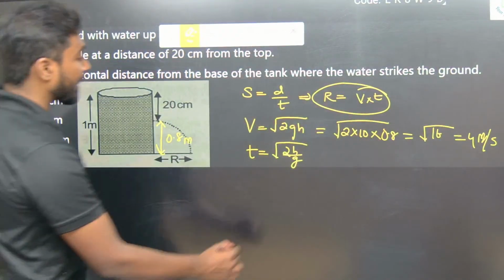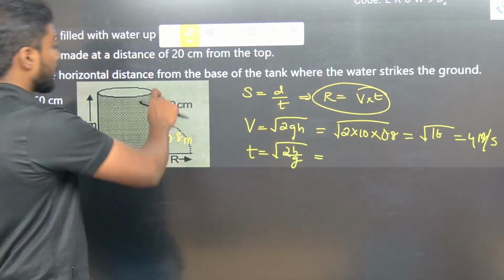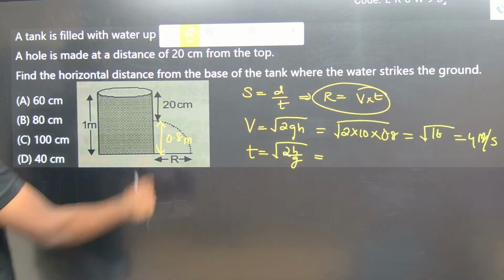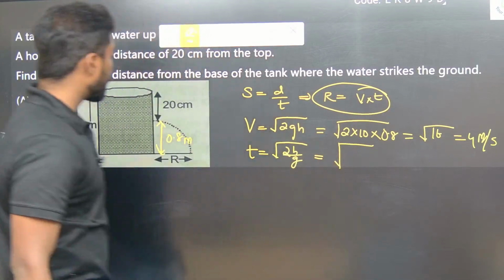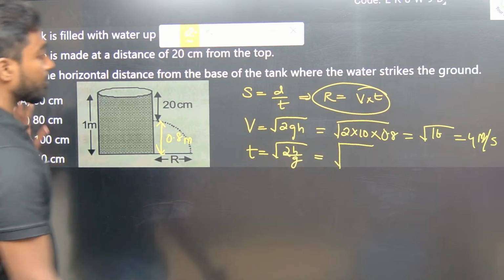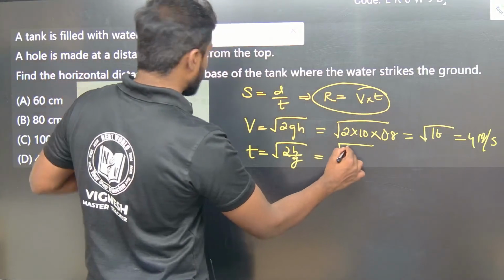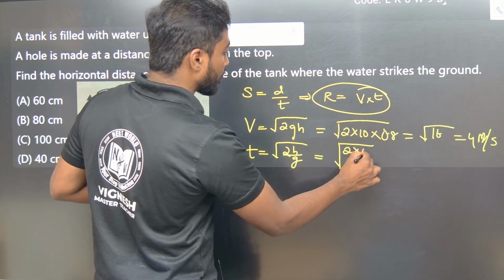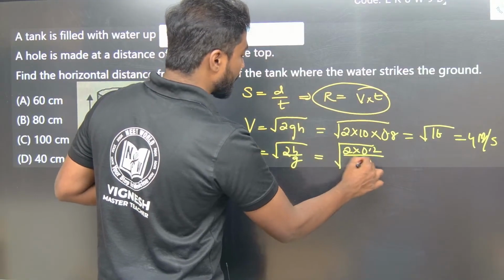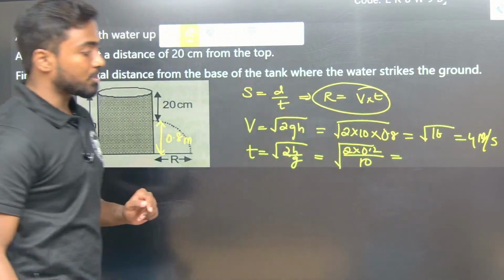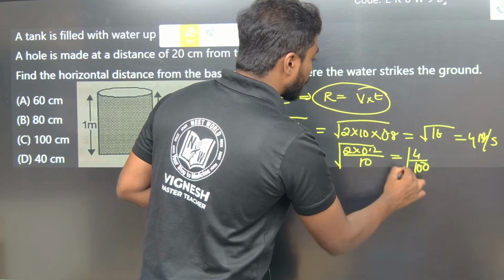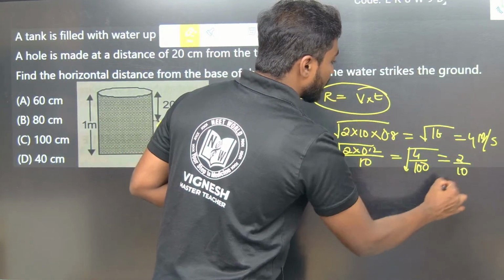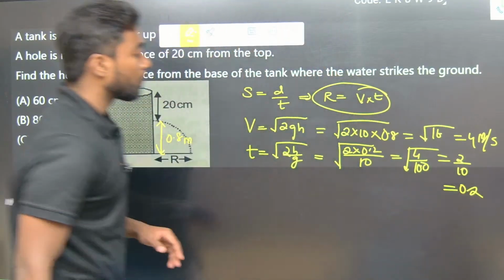What about the time? It is under root, and everything given in centimeter we can convert. So it is 2 into 0.2 divided by 10, which is equal to under root of 4 divided by 100, which is 0.2.